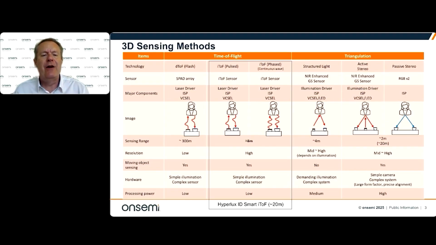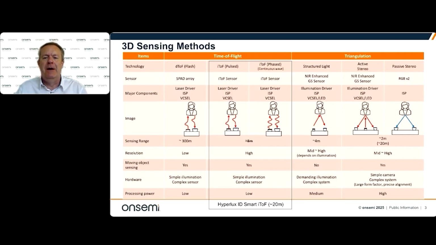It's the foundation for mapping and for spatial awareness. So it's becoming increasingly important for many markets to have a 3D aspect rather than just standard visual 2D imaging. Various methods are used today. 3D's been around for some time, but typically this has been done with triangulation methods. So I'm starting on the right-hand side here.